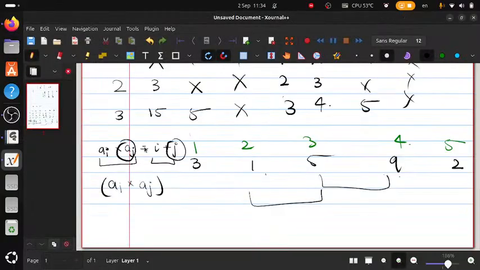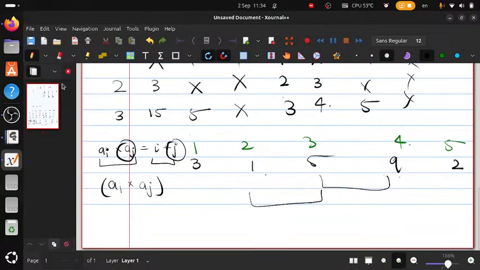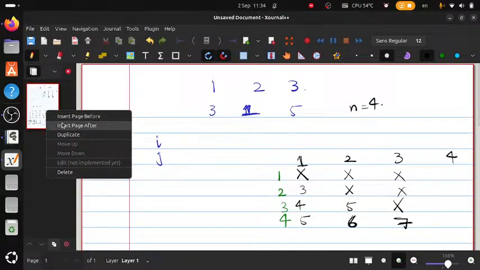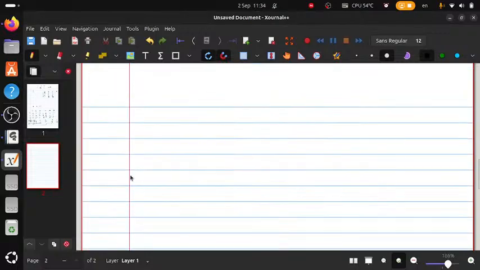Let's look at this test case, right? It's actually 3 1 5 9 2. These are the values 1, 2, 3, 4, and 5.